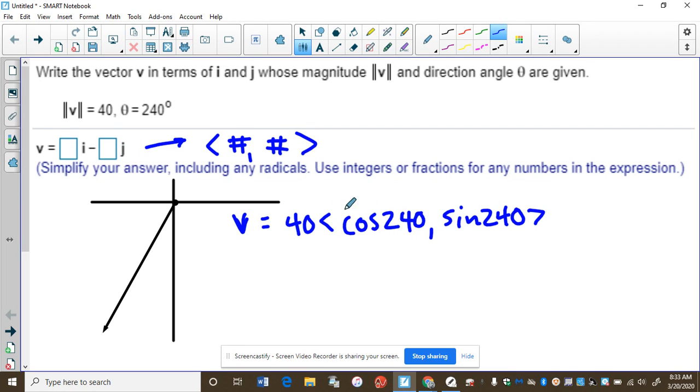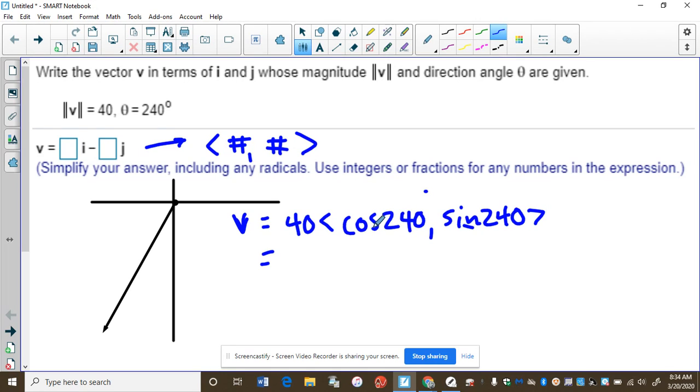That's not going to work like this, because this is not a number, right? This is a trig expression. So what we have to do is get a numerical value for this and a numerical value for this. And then we can take those two numbers and put an i after one and a j after the other.